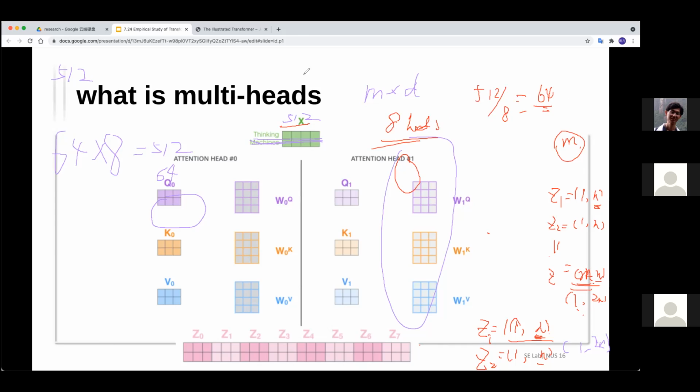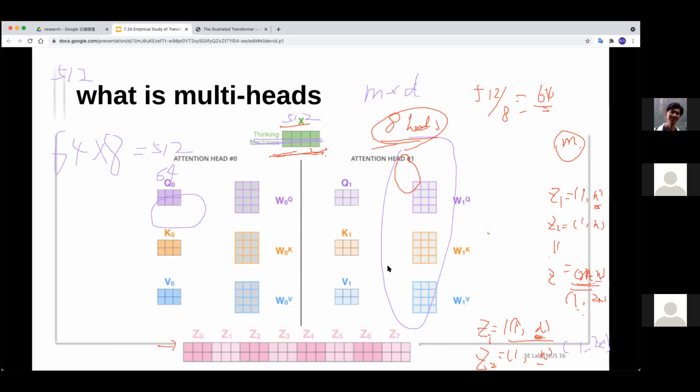After we apply 8 heads, the hidden Z will still have exactly the same dimension as the original embeddings, right? So we keep doing this layer by layer, and the number of dimensions will be preserved. Yes. Okay. It's good that we recap the details.